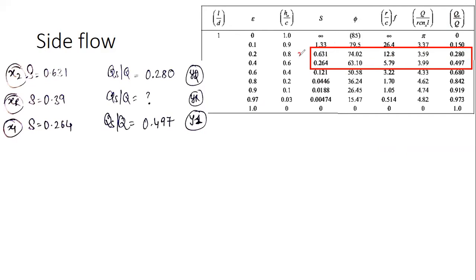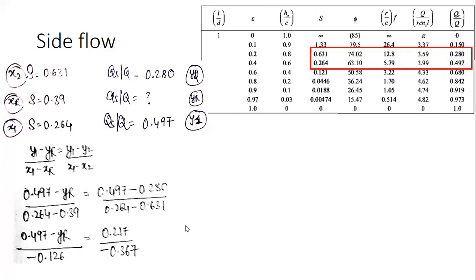If this is X1, this is Y1. If this is X2, this is Y2. And 0.39 is XR. Then in front of this, what is this YR, QS by Q value? That's what I want to find out.